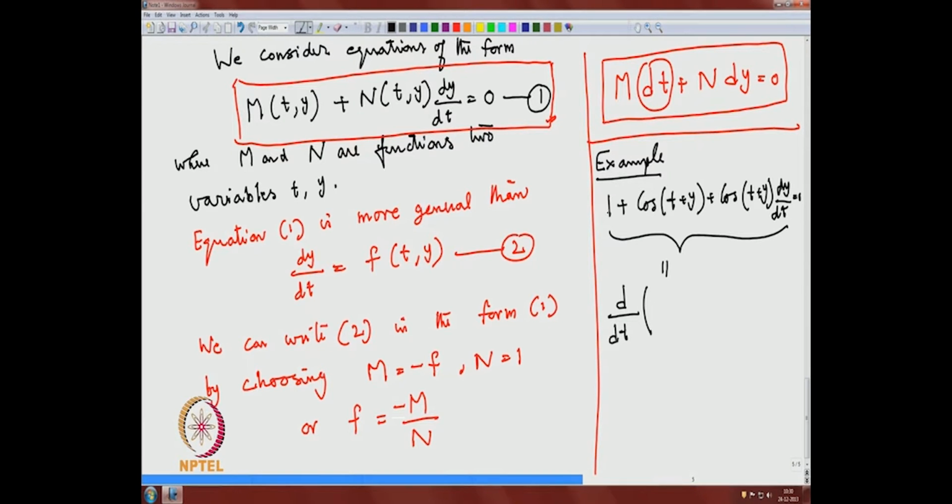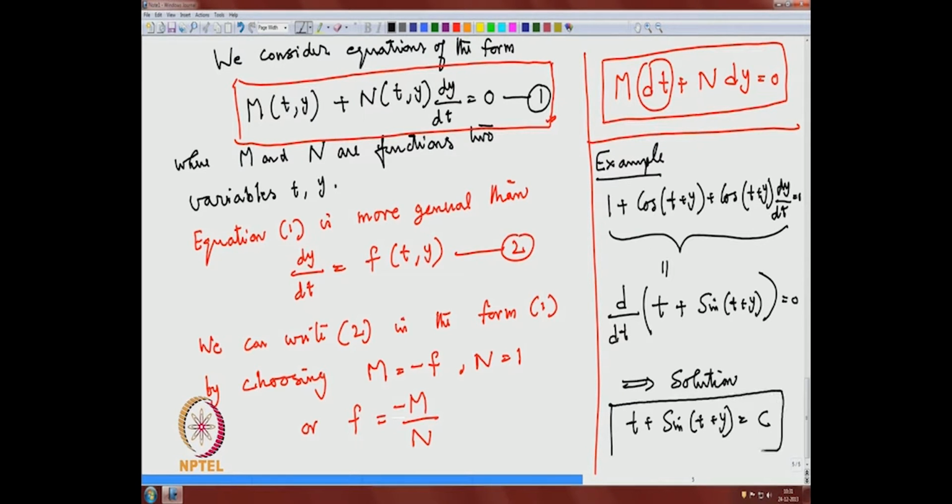If you differentiate t plus sin of (t plus y), you get 1 plus cos of (t plus y), and the other factor with dy by dt, so the equation reduces to this form. This gives you the solution in implicit form: t plus sin of (t plus y) is equal to constant. Again, not every differential equation is exact.